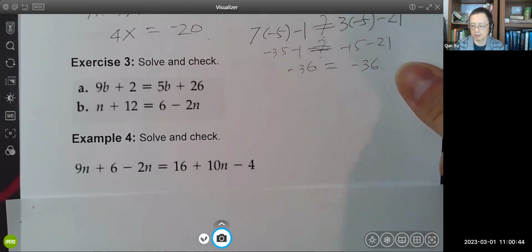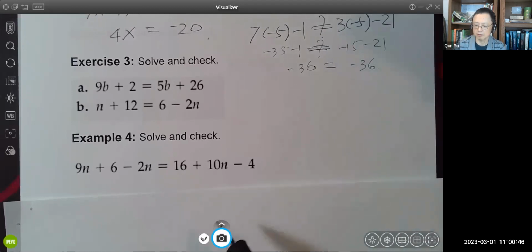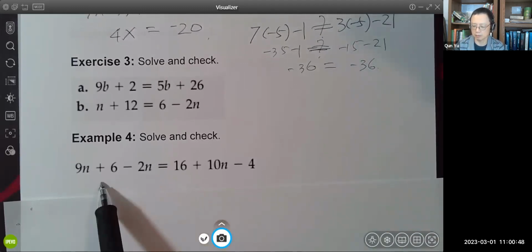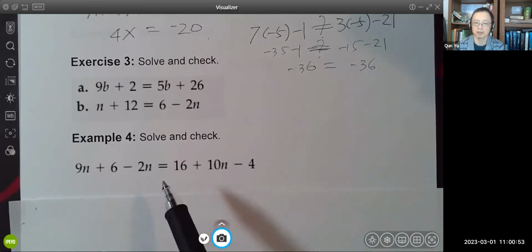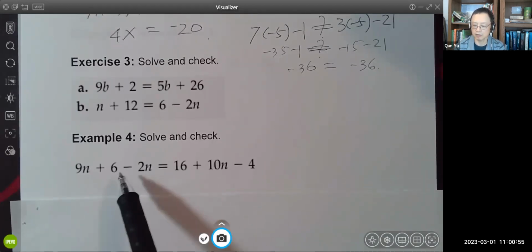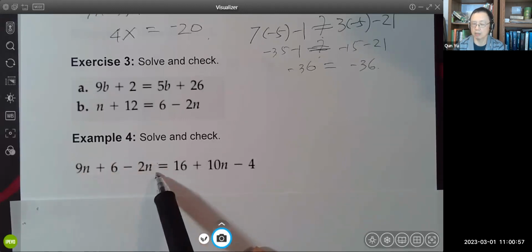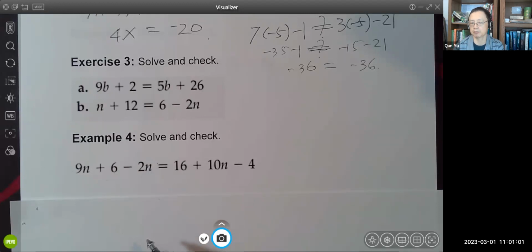Now another one. We still have variable terms on both sides, but this time we have multiple variable terms. So whenever in a single expression, you can combine like terms, always combine it, because after you combine like terms, you have a shorter equation, simpler equation to solve.